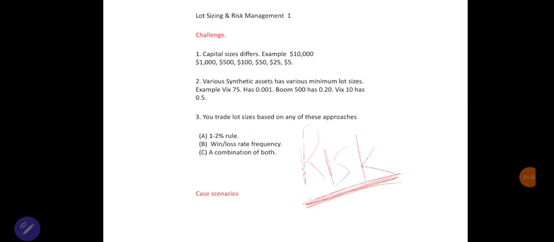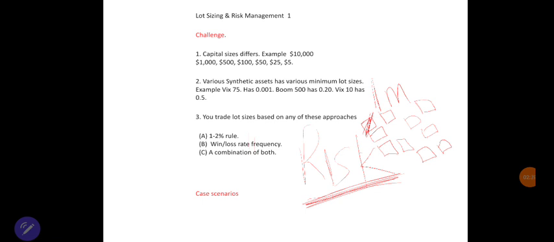So lot sizing is about how we can take that 1 million and break it down into smaller units so that by the time we are trading, we can spread our risk. I can decide to divide that 1 million into 10 places, so for every trade I take, I'm risking 100,000.